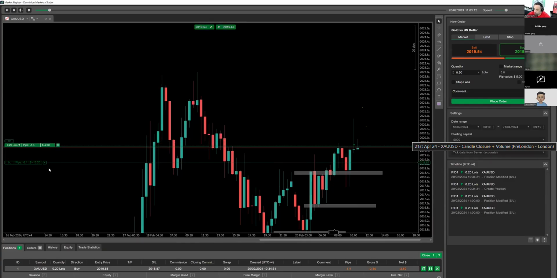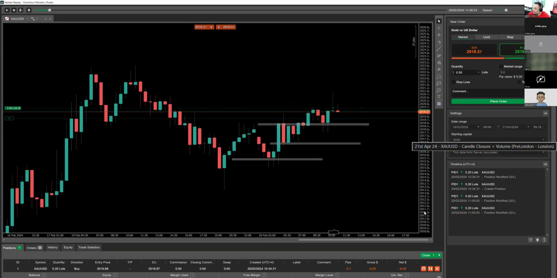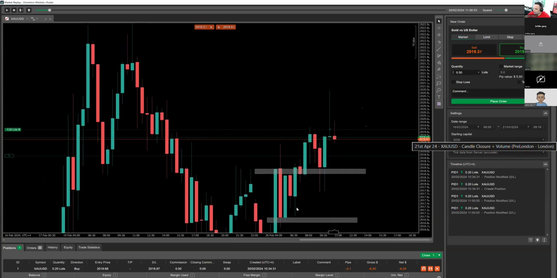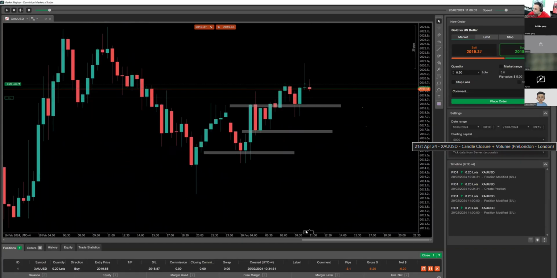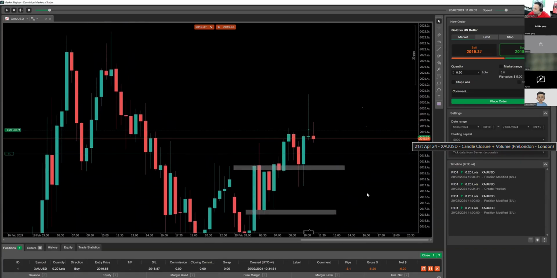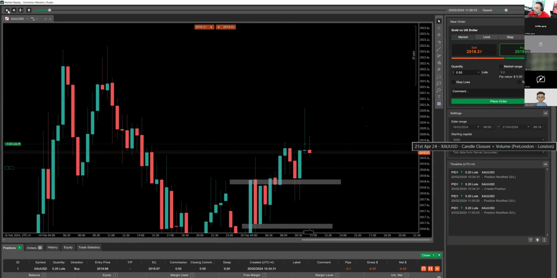Either it gets stopped out or it starts to move up. So now you can see right here, the candle has made a high and come down here, right? And this is something that you only get with experience, something that I'm just going to talk about now. If it happens, it happens. If it doesn't happen, whatever.